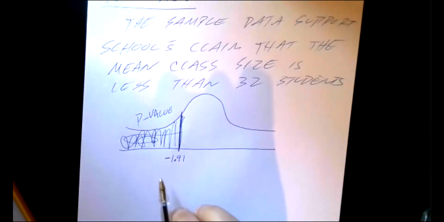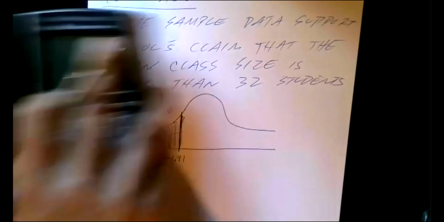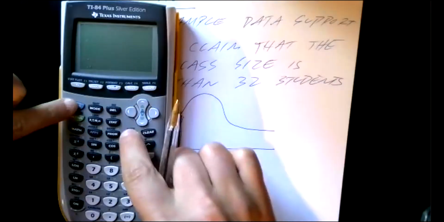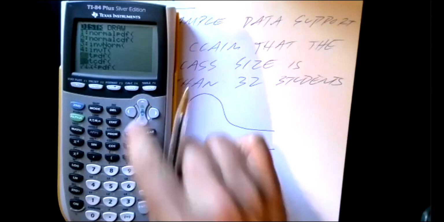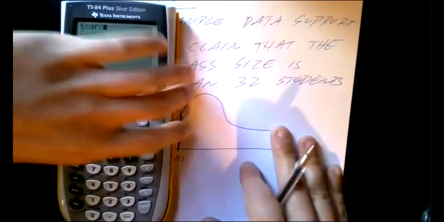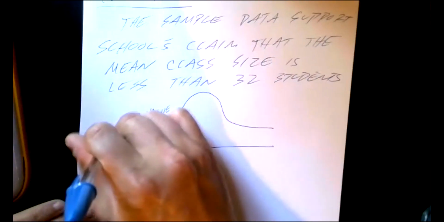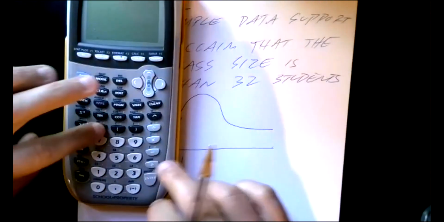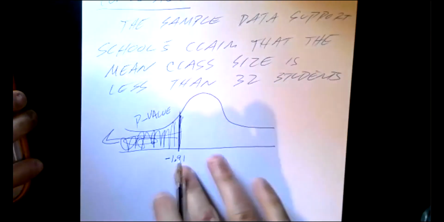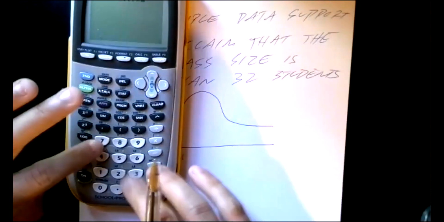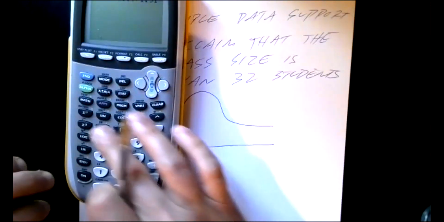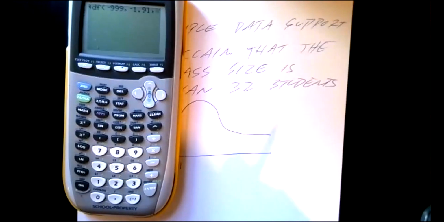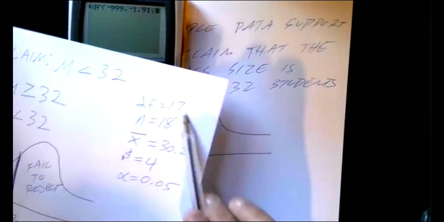We can get that area using the t-CDF function. The left-hand boundary is forever, so let me say negative 999, comma, negative 1.91, comma, now we need degrees of freedom, which were 17.